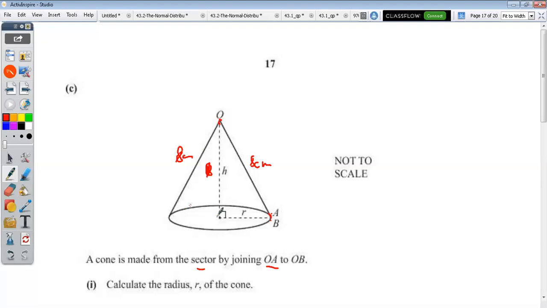I'm just trying to figure out some geometry. Oh, I see where you're going. Okay, so saying this is 8 centimeters, 8 centimeters. This is 90 degrees. Yes, that's correct. So how do you find H then? The height? Everyone, what do you think?